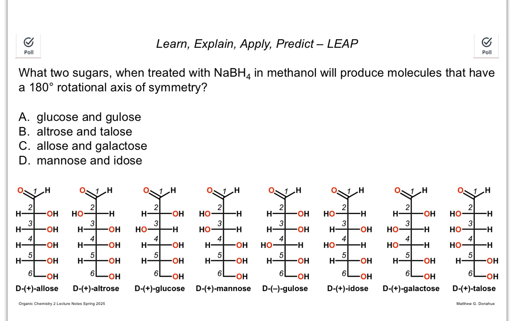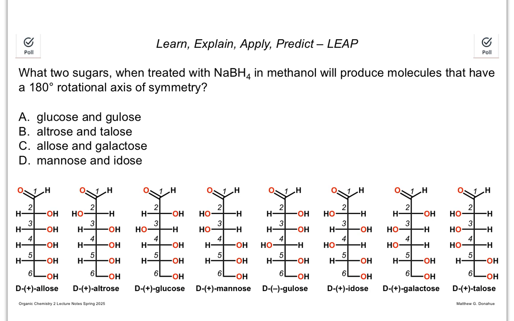So same sort of reduction conditions, but now a different element of symmetry. What two sugars, when reduced, have a 180-degree rotational axis of symmetry? This is not the same question as before. They're not converging onto the same thing.